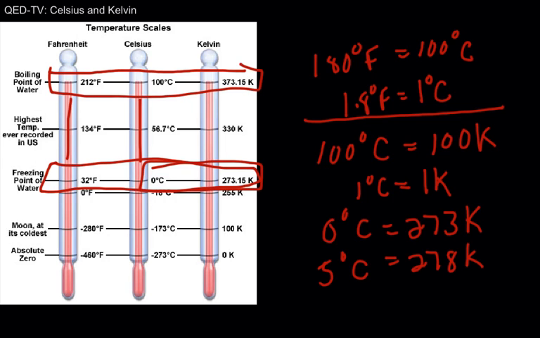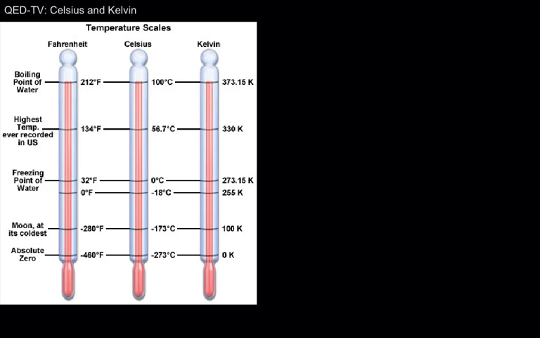So all you have to do to figure out a Kelvin temperature is to add on the degrees of Celsius. For example, if I want to find Kelvin, I can write an equation. The Kelvin temperature would equal the degrees of Celsius plus 273.